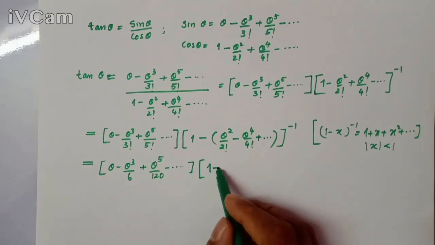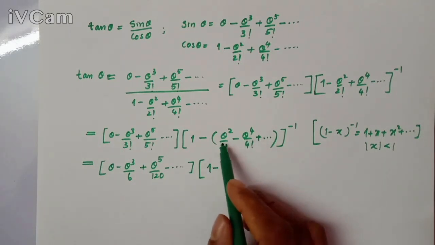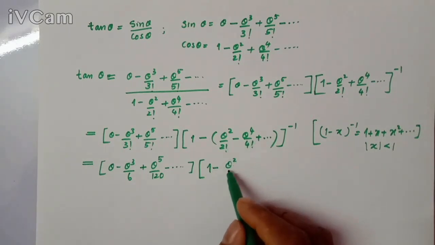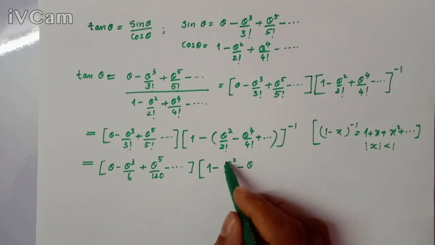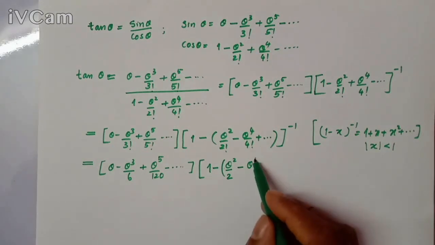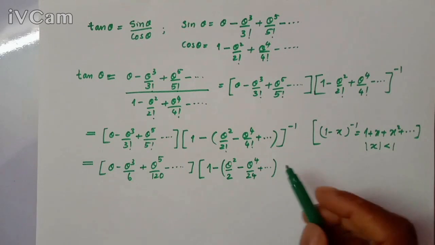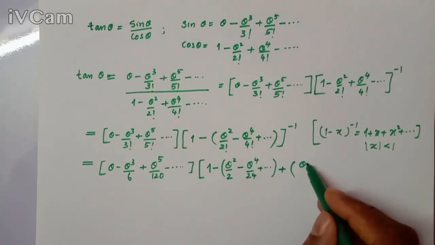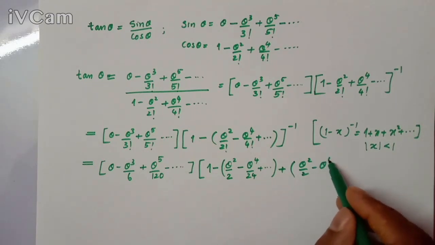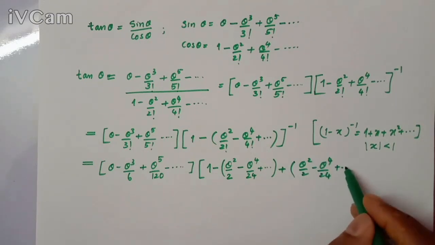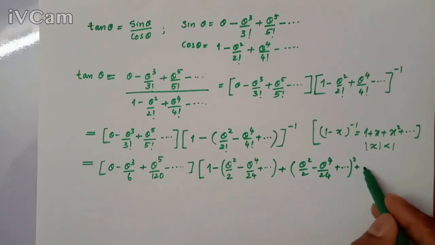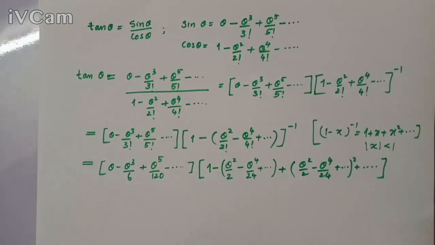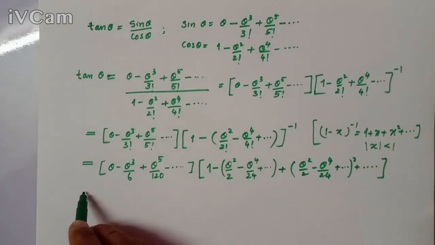This is equal to 1 minus, instead of x, we have this term, theta squared by 2 factorial, which is 2, minus theta raised to 4 by 24 plus etc. Instead of x, we have this term. Next term will be the square of this: theta squared by 2, minus theta raised to 4 by 24 plus etc., square, plus etc.